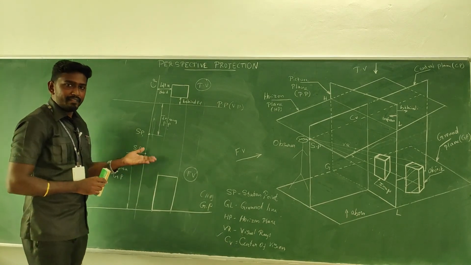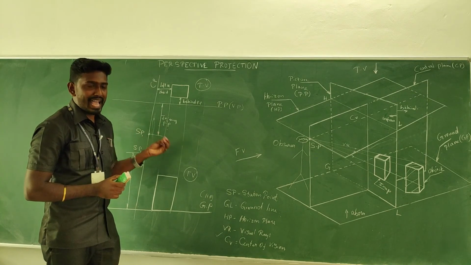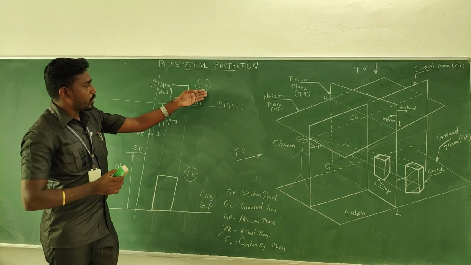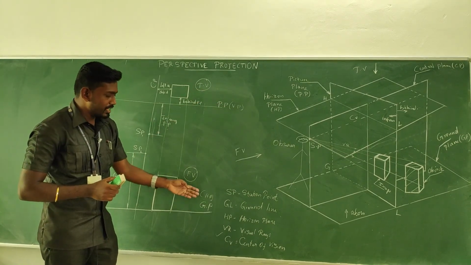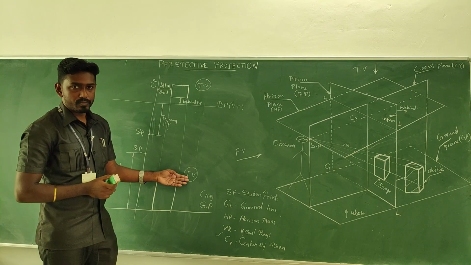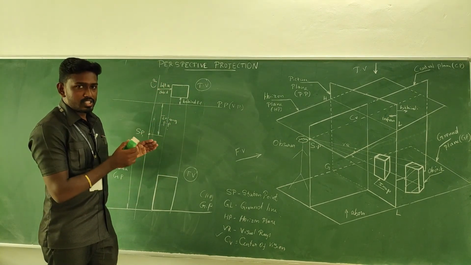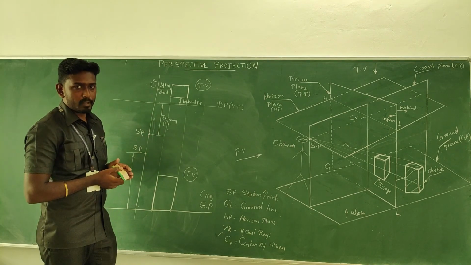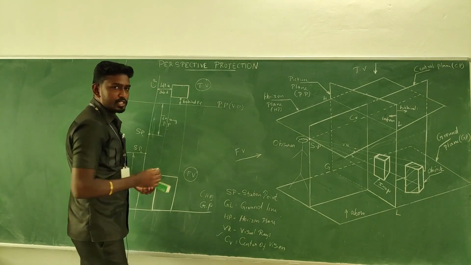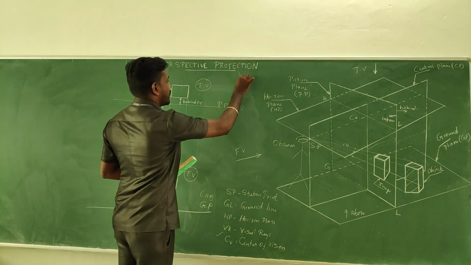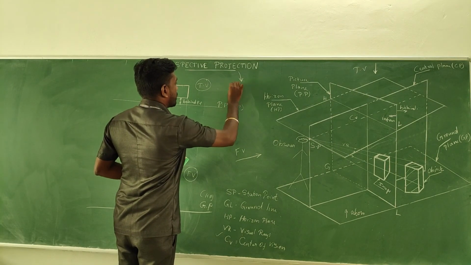When you have the projection diagram as per the first angle projection, in the vertical plane we get the front view, and in the horizontal plane we get the top view. But here in the perspective projection we are getting it in the reverse manner. So in short, we can also say this perspective projection is just like a third angle projection.